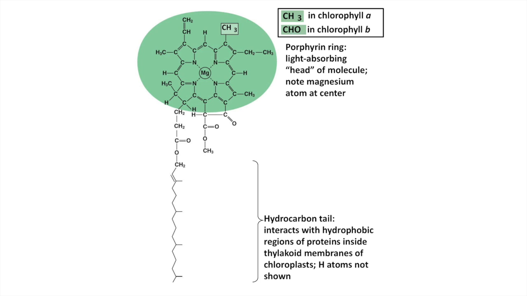Remember, membranes have that hydrophobic part, and just like we could anchor enzymes in the membrane by using hydrophobic amino acids, using this hydrophobic tail, the chlorophyll gets anchored within the thylakoid membranes.